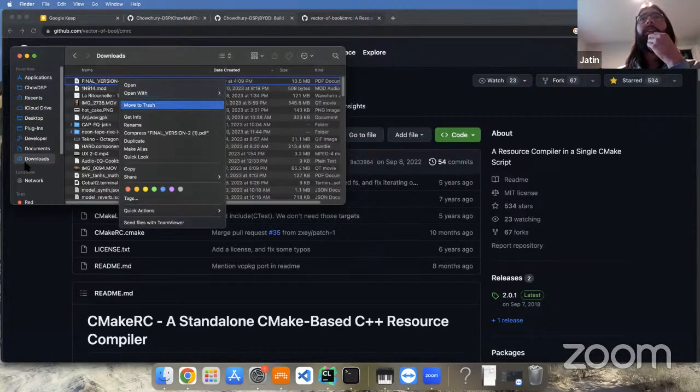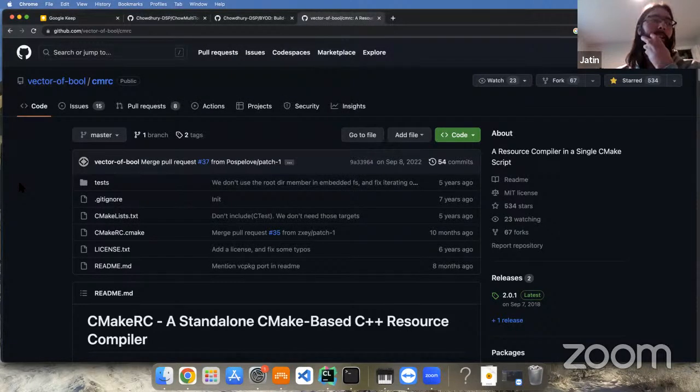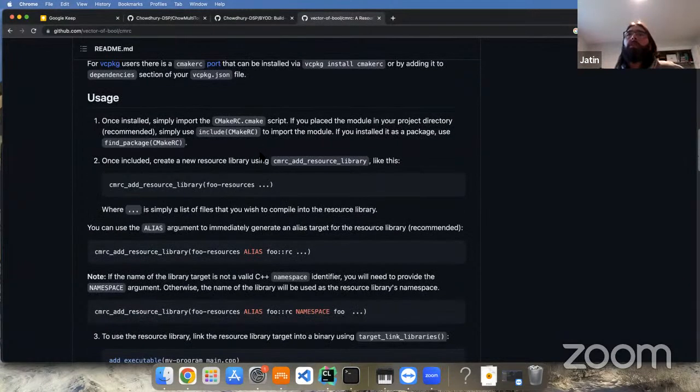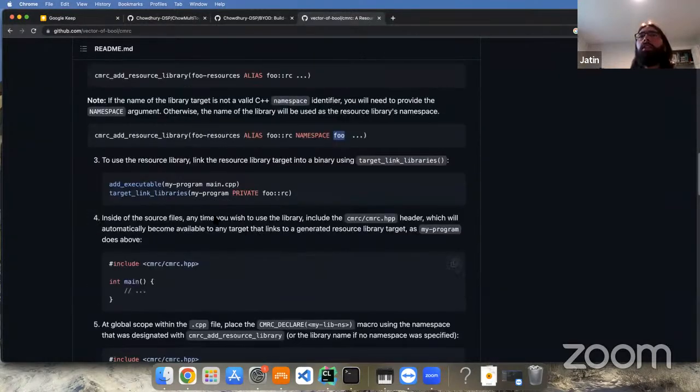But yeah, so this is a CMake resource compiler. So basically what you do is you say add resource library, and then you can give it an alias for CMake. You can give it a namespace that it will use in your C++ code. And then you can just link it to your C++ library or executable or whatever.